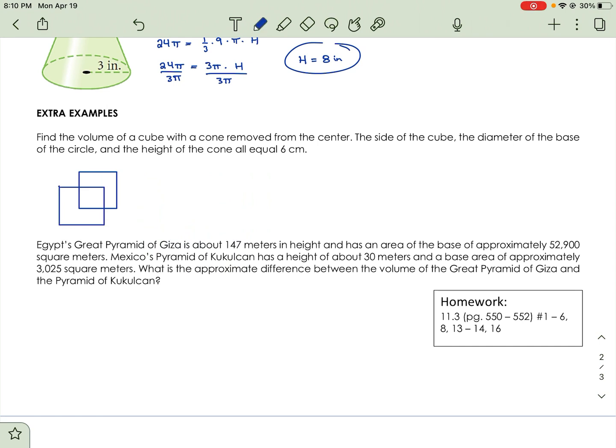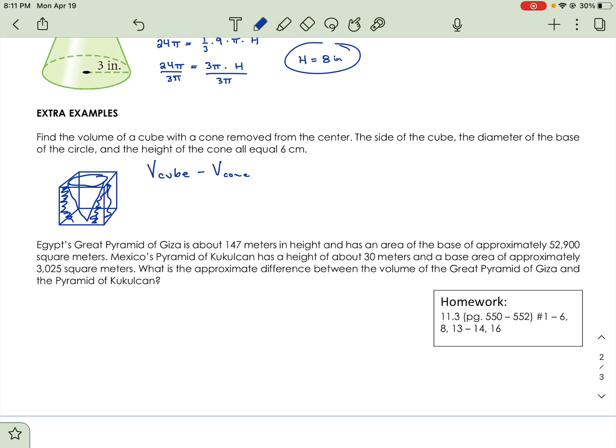So we have this cone, or this cube, and we are taking a cone, and essentially we're just cutting out that cone inside of it. So what we really want to do is find out all the volume that's not taken out by the cone. So what we want to do is find the volume of the cube and subtract the volume of the cone. And so we'll find those separately.